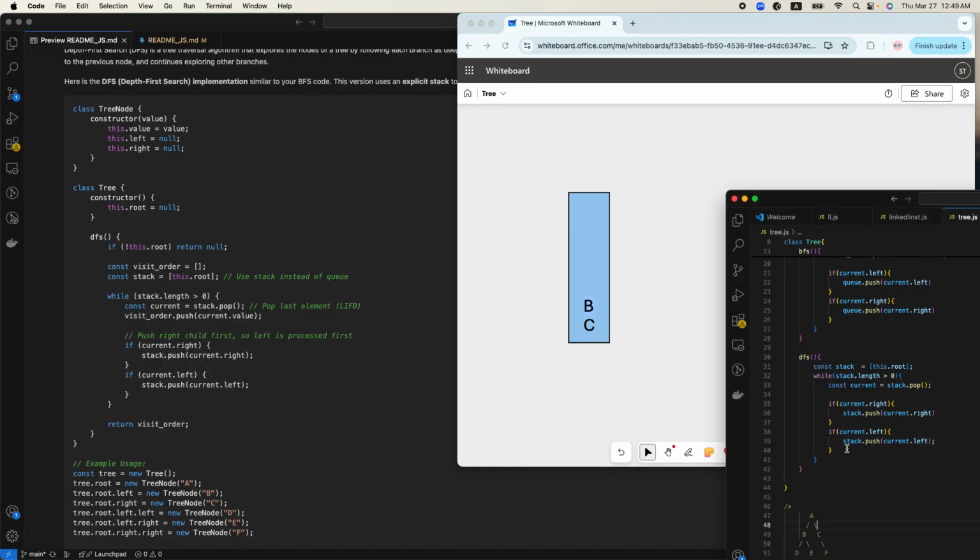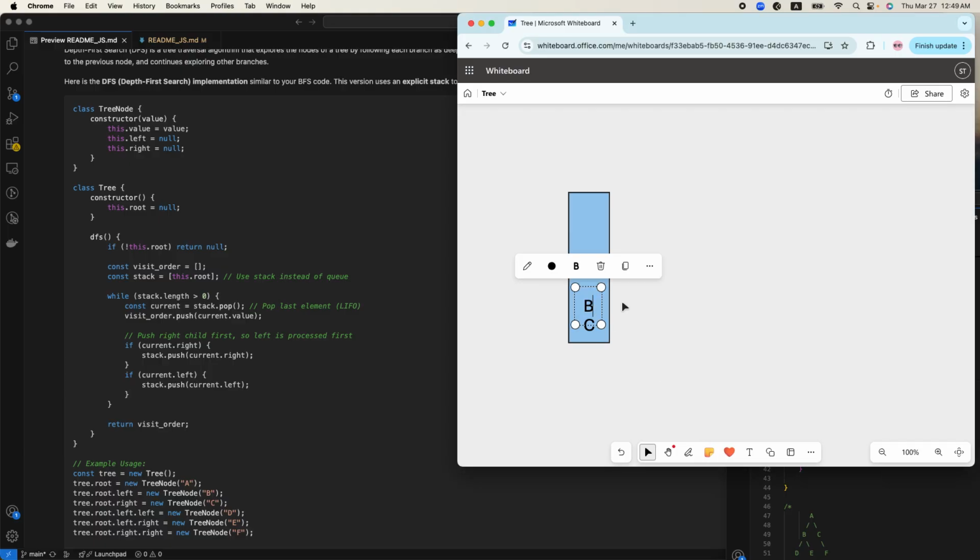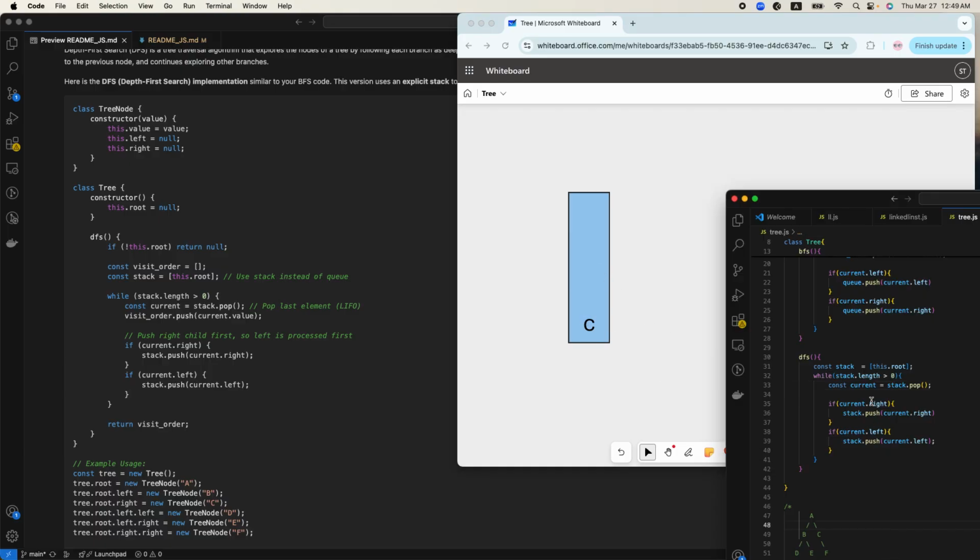And our process continues. This time it asks, is length greater than 0? Yes, now the length is 2. So we remove or extract the last inserted node, which is B. Now when I remove that, I start processing it, I do whatever process I need. Then I check, does B have a right child?